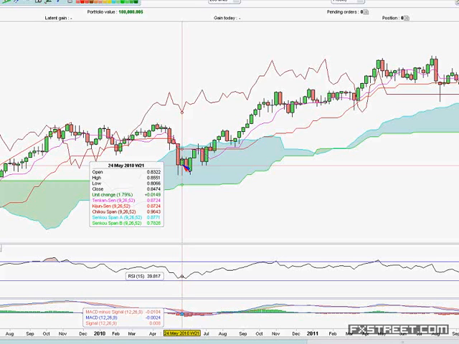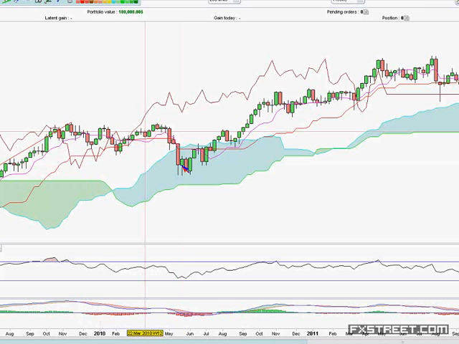Also, the best time to see a bearish or bullish engulfing candle is at the top or the bottom of a trend. If it's in the middle of a trend, it does normally confirm that the trend is going to continue, but at the top or the bottom of a trend is when they're the most beneficial and powerful, I believe.